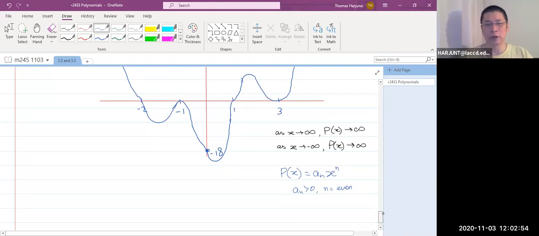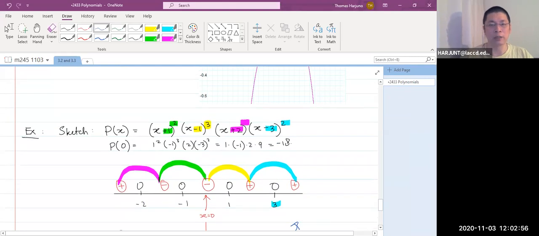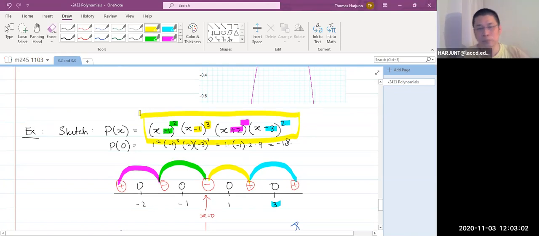Now let's take a look here. If I really multiply this out, what is the leading coefficient? You will get x squared from here, x cubed, x squared.